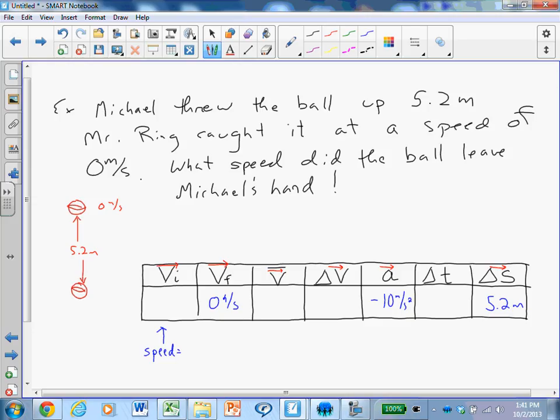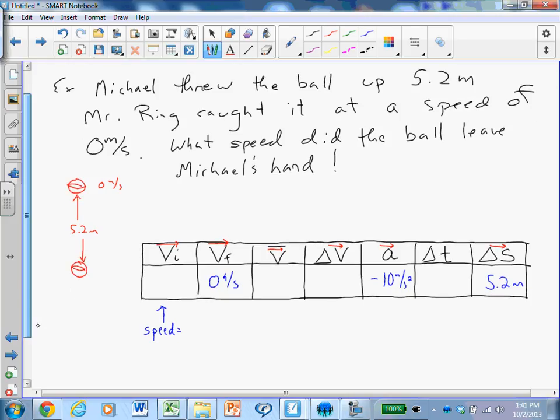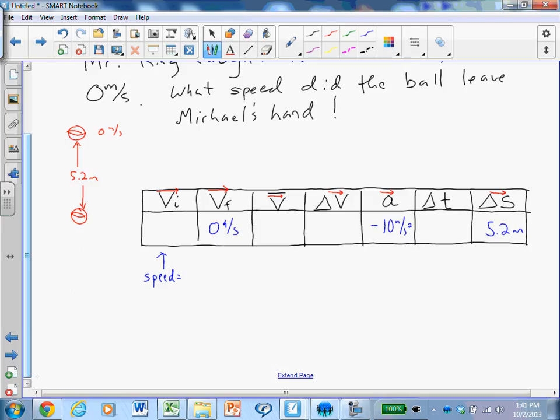And now we would use some of our equations to figure this out. We have A, we have VF, we have delta S. So we could once again use the equation we used in the last problem. That's what just comes right into my head. But this time VF is 0.